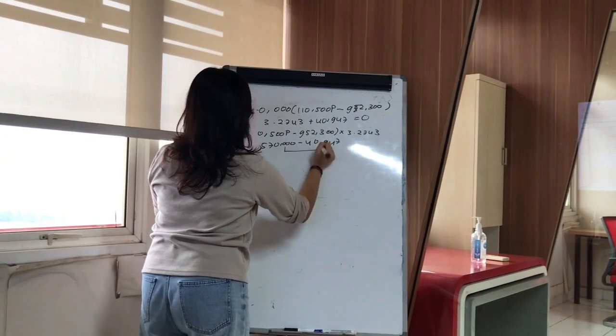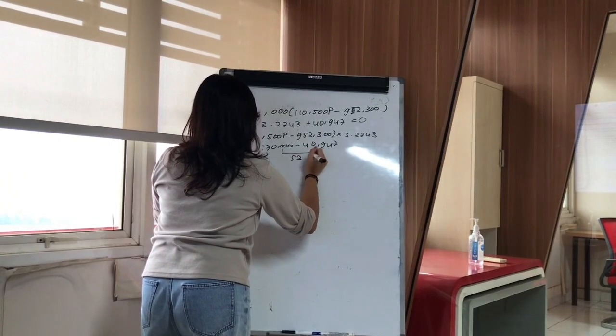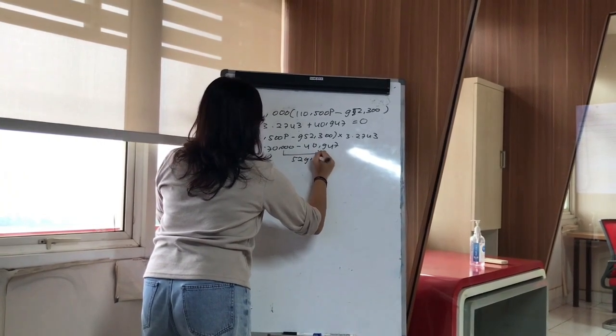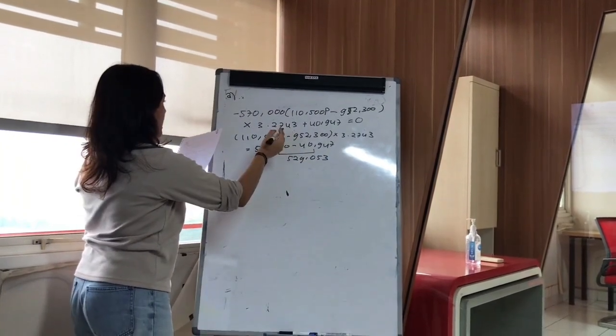With this, we can simplify this and we will get 529,000.053.